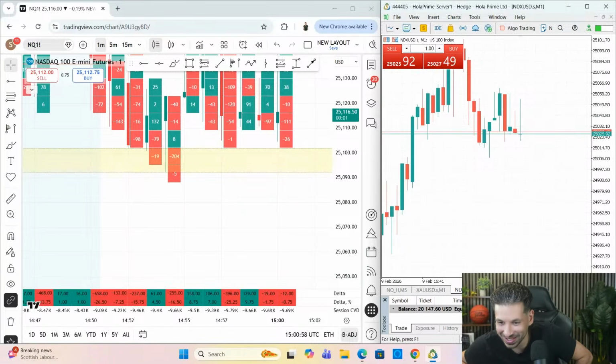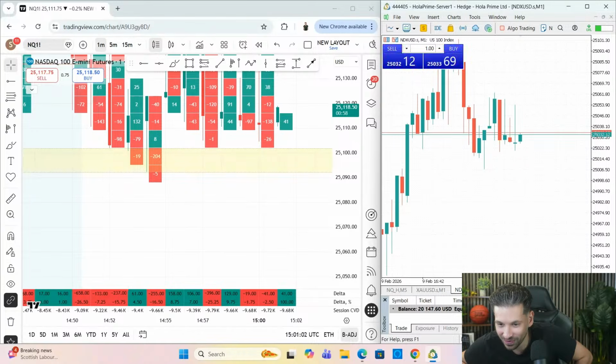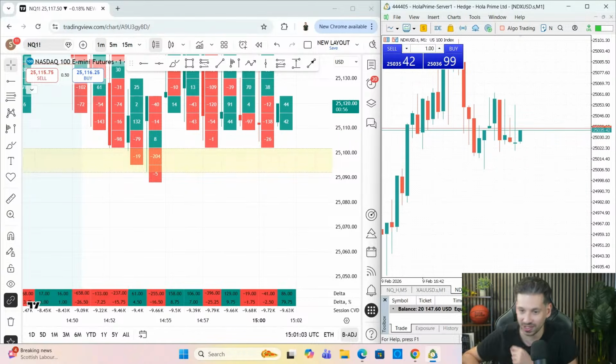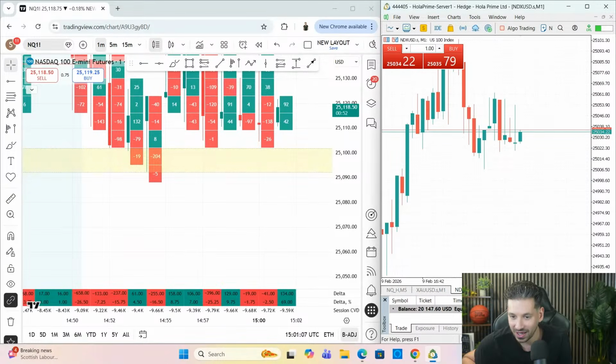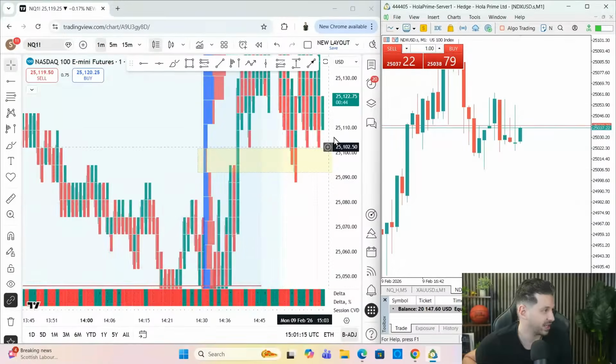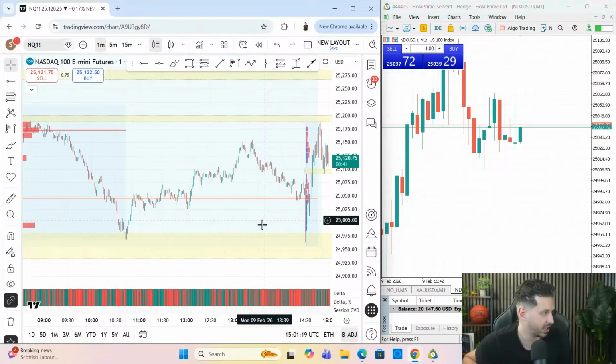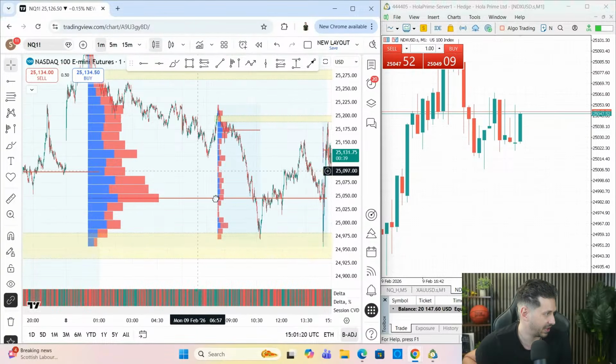Edwin Boyton says, on the volume profile drawn over the previous session and overnight combined, it bounced perfectly on the point of control just now. Okay, interesting. Yeah, generally you will see everything kind of lines up as well.